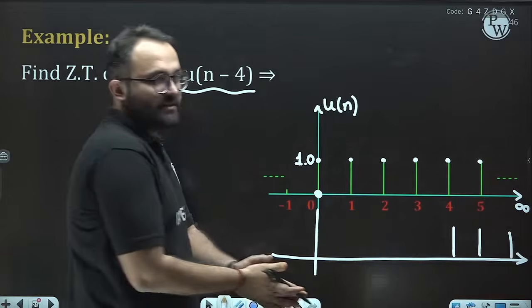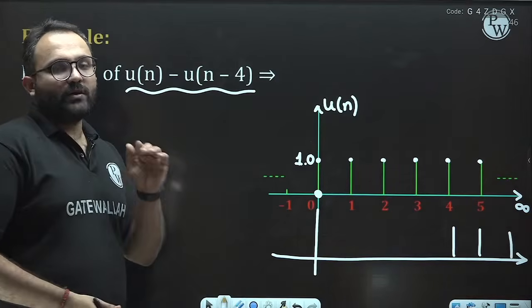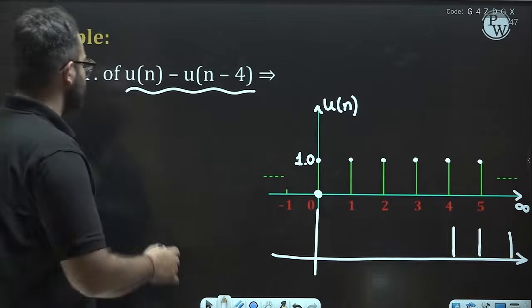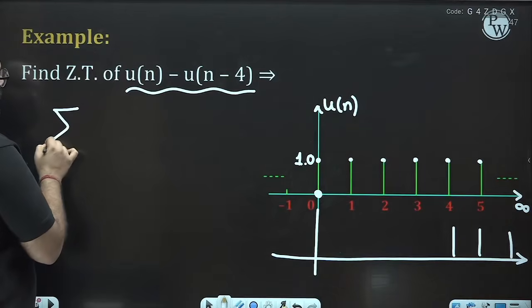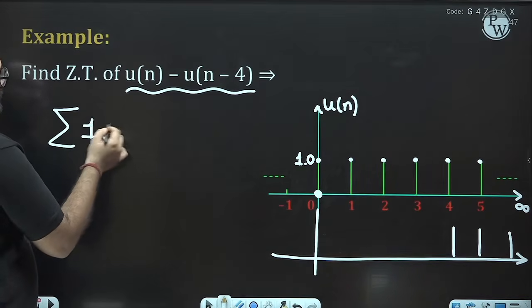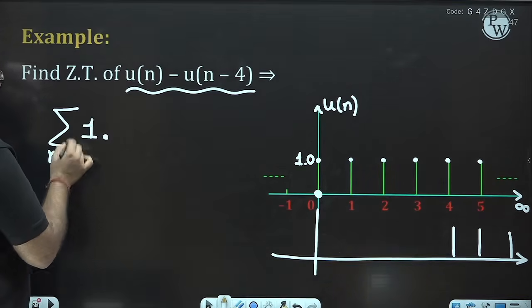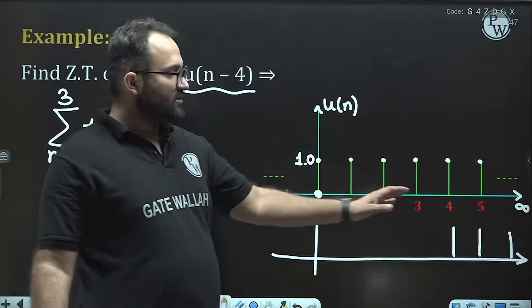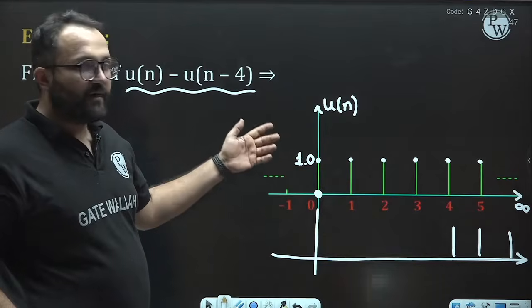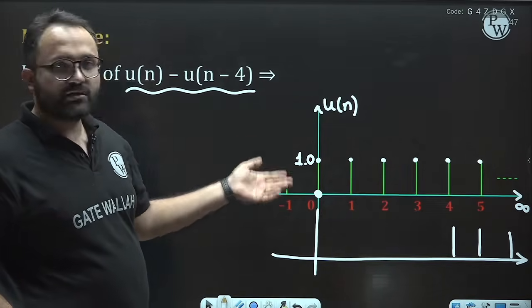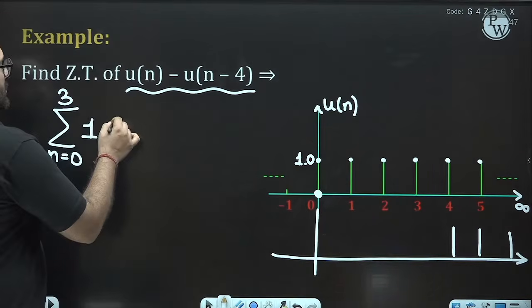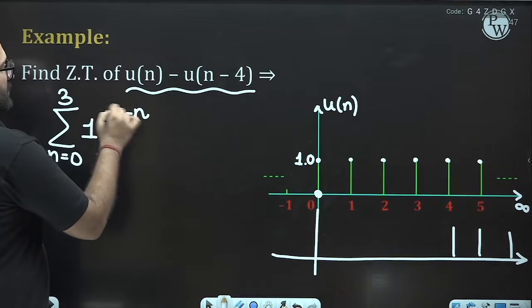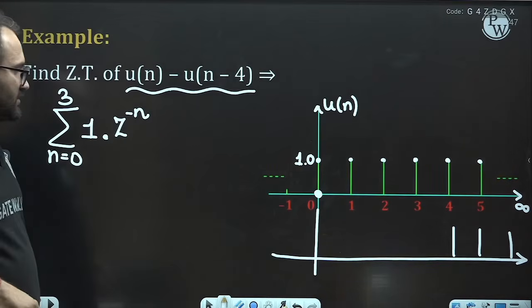If we subtract these two, we'll get 1 only from n equals 0 to 3, because at 4 they both cancel each other. So we'll get non-zero value at 0, 1, 2 and 3 only. So, 1 times z to power minus n. From here we can get the result.